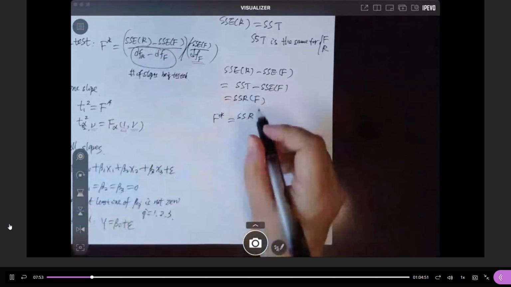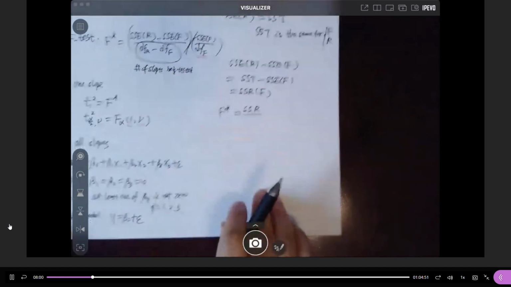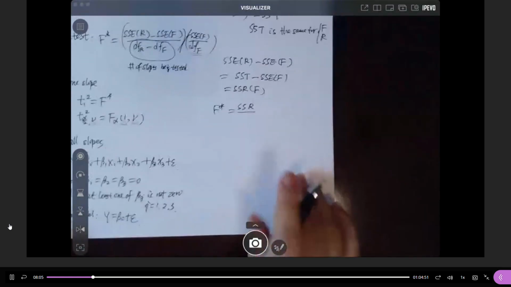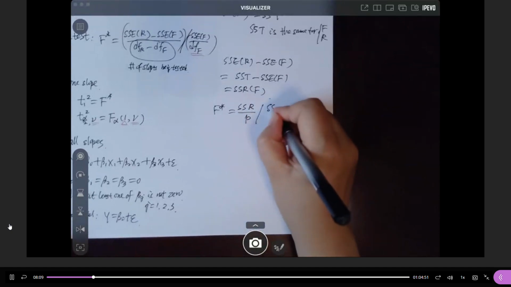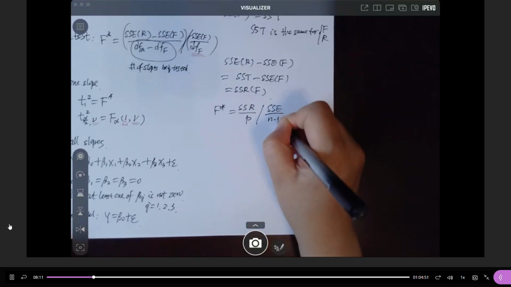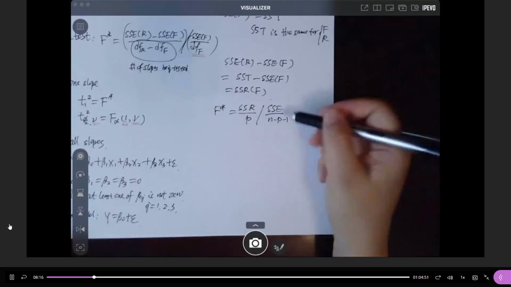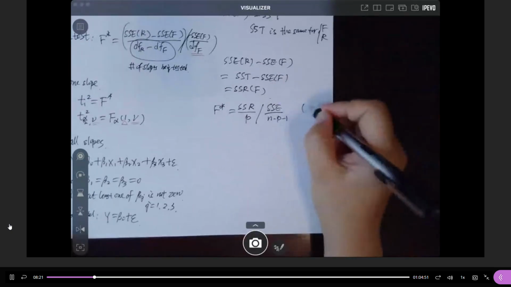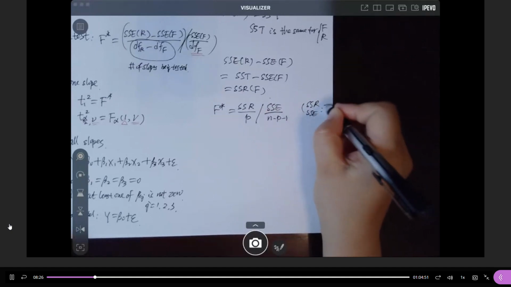This is SSR divided by the difference in degrees of freedom here. The number of slopes you test is exactly P, right? So your F star becomes this divided by your SSE over the degrees of freedom n minus P minus 1. Okay, I'll talk about the full model because we get rid of the reduced model from here. This is all SSR and SSE for the full model.